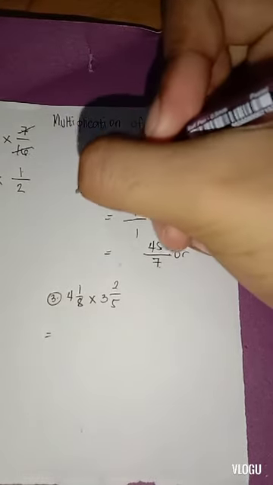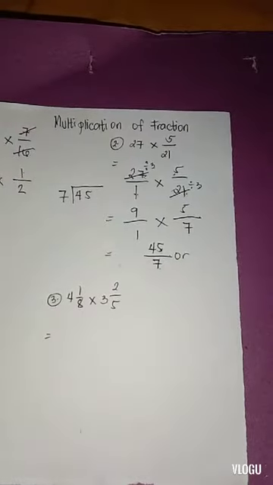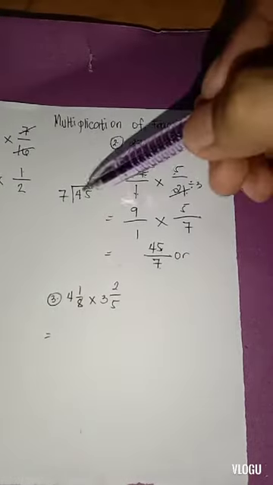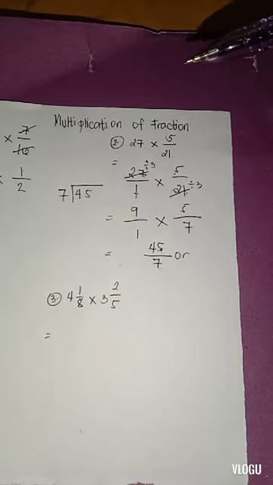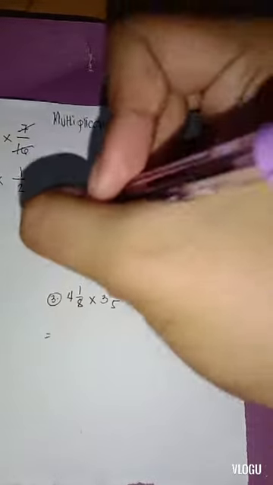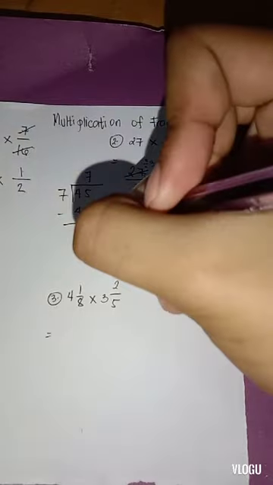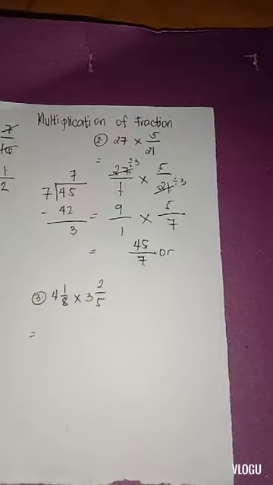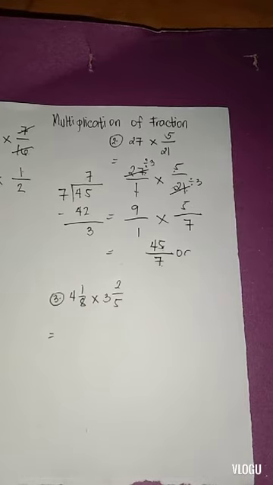So, 45 divide 7. Okay. So, 45 divide 7, we have here 7. So, 7 times 7 is equals to 42. And then, we have 3. So remainder 3. So tawag dito.